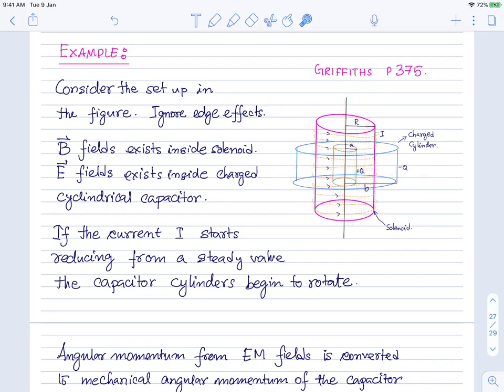In this situation, if you suddenly start to reduce the current, then this reduction of the current will change the magnetic field. The strength will start decreasing, and the changing magnetic field would cause an electric field to be generated along this region.